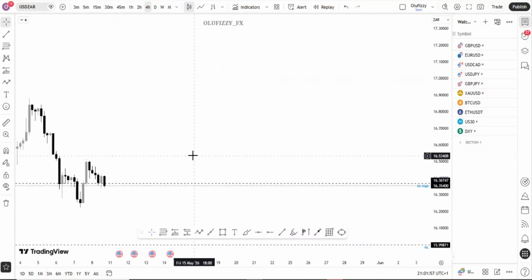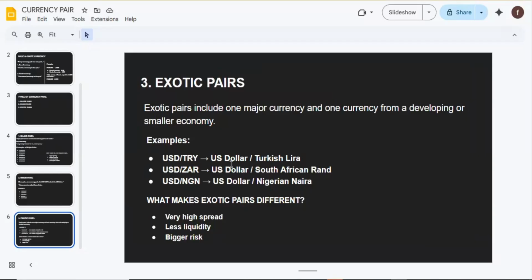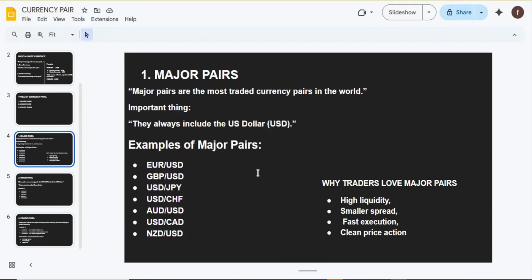So it's not advisable at all for you to trade those exotic pairs. They have very high spreads, less liquidity, and bigger risk when you are trying to trade them, because if a pair doesn't move well and has a wide spread, it doesn't really make it worth trading. So that is that about currency pairs.